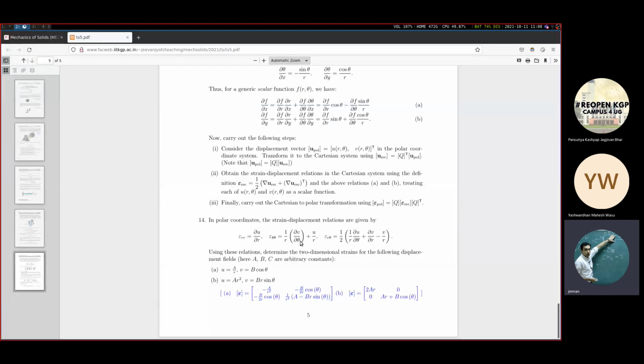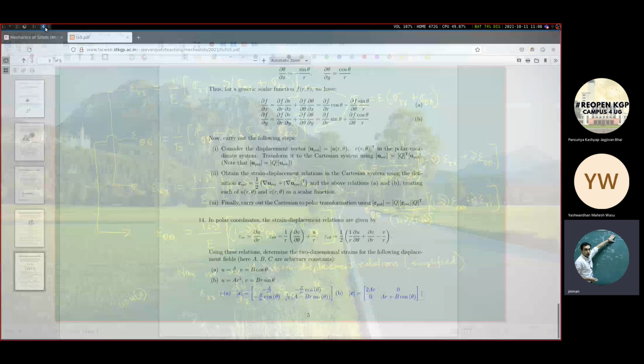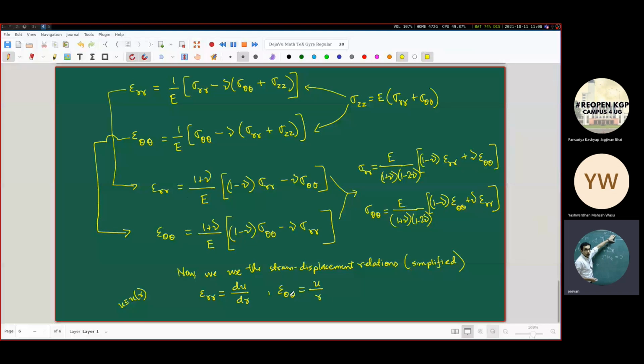Either you can think of this term not being present because v is equal to 0, or because the del theta of anything is equal to 0 due to the axisymmetric condition. So the only term that survives in epsilon theta theta is this u by r. That is why I have written here epsilon theta theta is equal to u by r. So all that you have to do is substitute this one and this one back here.